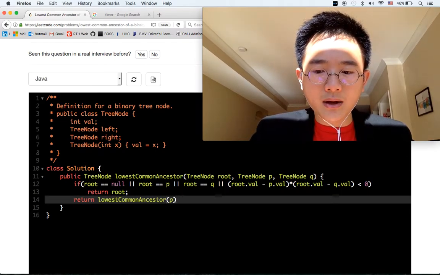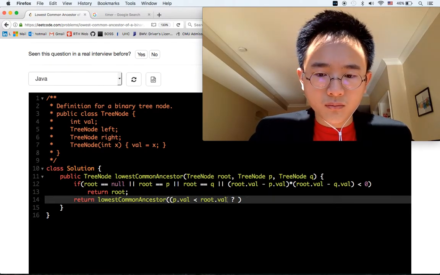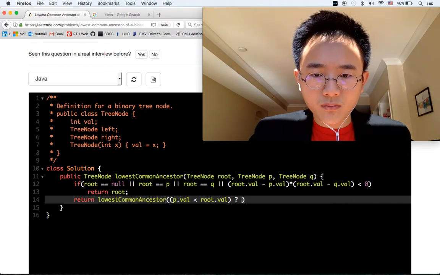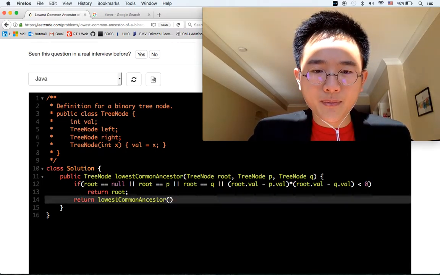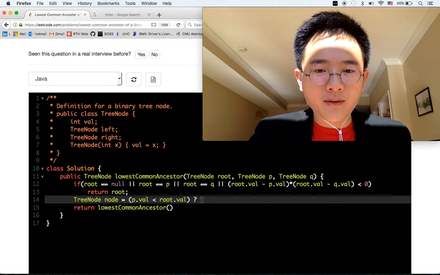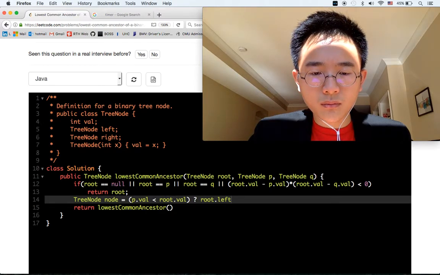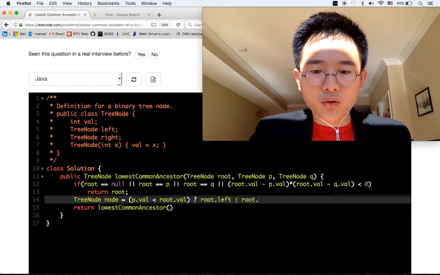So if P value is less than root value, which means we want to traverse to the left, we use root left, else we want to traverse to the right.